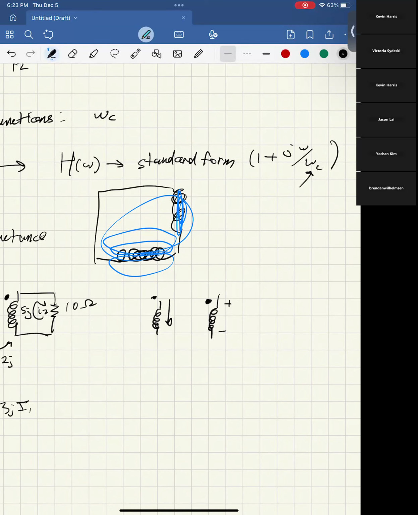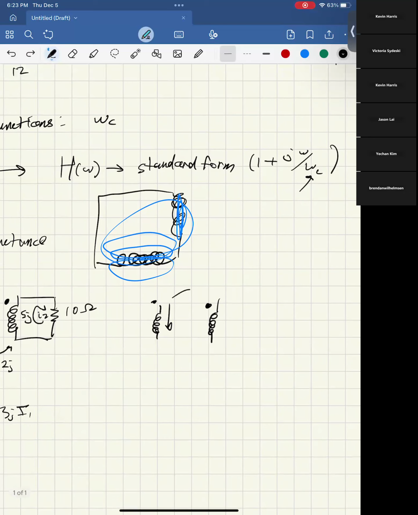So you can think of it as, when we have our mutual inductance M, then this to the other inductor would be like adding one of these in parallel with it or in series with it. So if we had M equals some kj, then this would be equal to I times M.